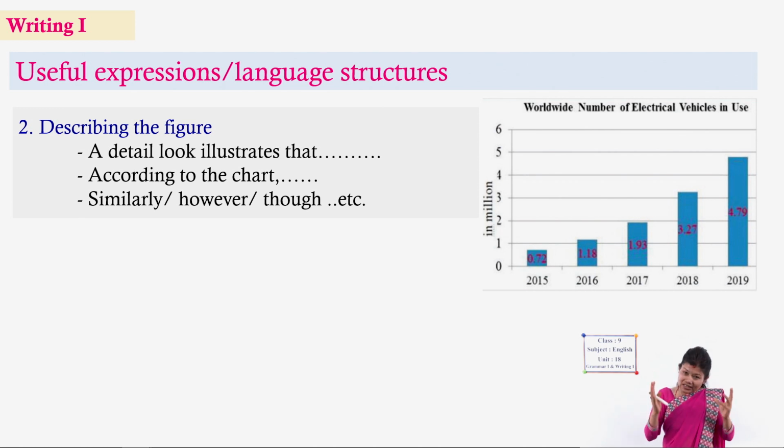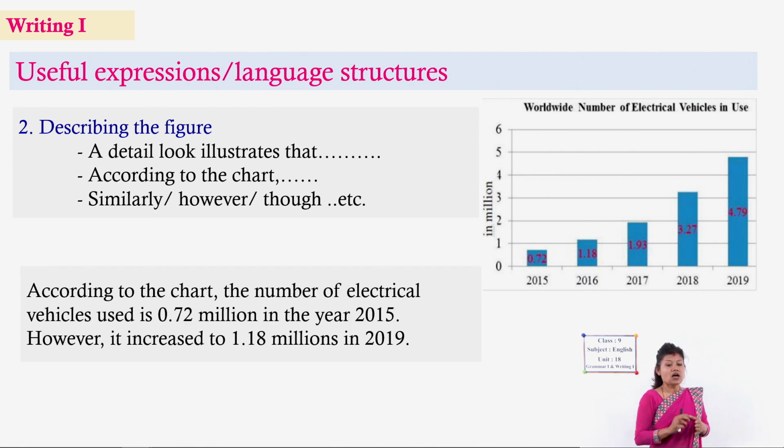So, this is the way you have to think, you have to try to understand before writing. Look at all the information. Let us describe this graph here. According to the chart, the number of electrical vehicles. I started from according to the chart, or according to the graph, because it is a bar graph.